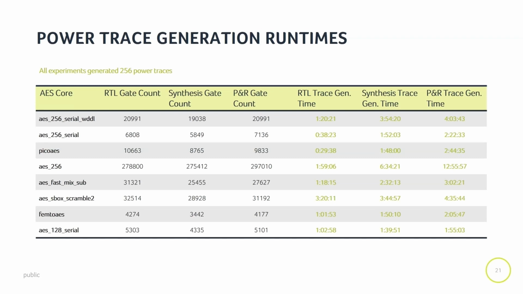And in the rightmost three columns, you see for different simulation accuracies, so one at RTL, one post-synthesis, and one post-place and route, how long it took for us to simulate 256 traces. And this all varies from half an hour to like 13 hours or so. So definitely not like enter and you have your results, but this is something you can run overnight and still get a bunch of traces.